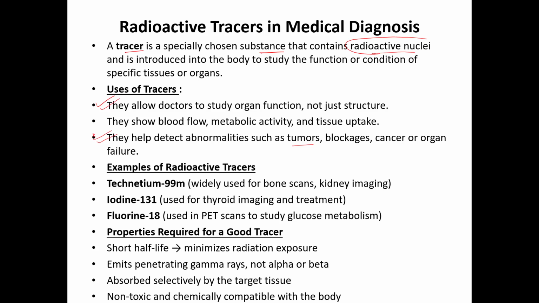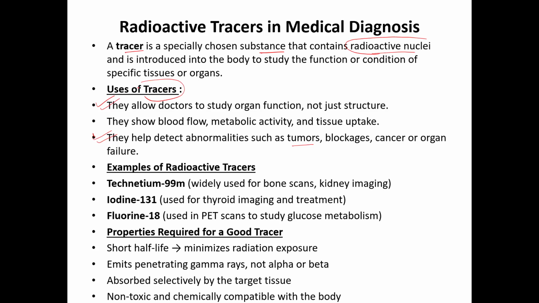It is all done with the help of tracers, right? So these are the specific uses of tracers: if you need to know the structure of an organ, metabolic activity, blood flow, or abnormalities such as tumors, cancers, organ failure, and so on, we use tracers.